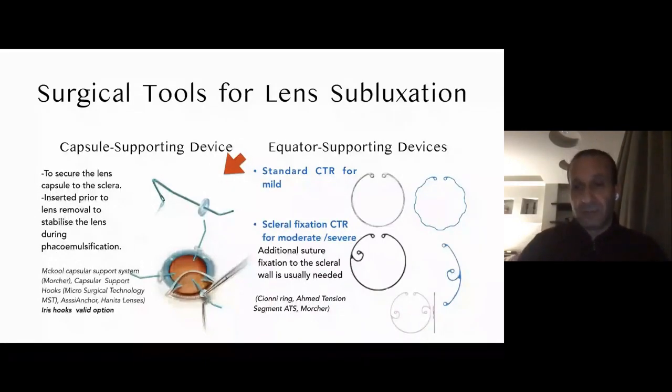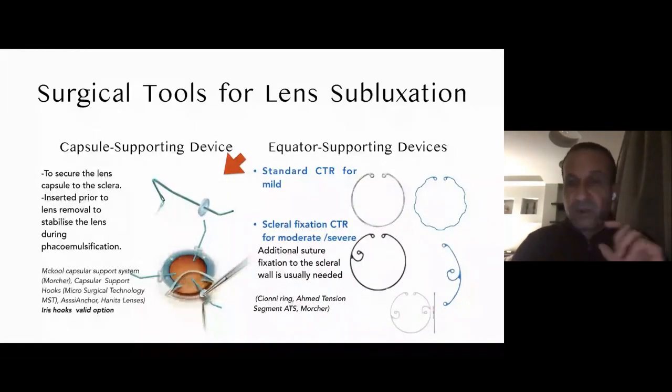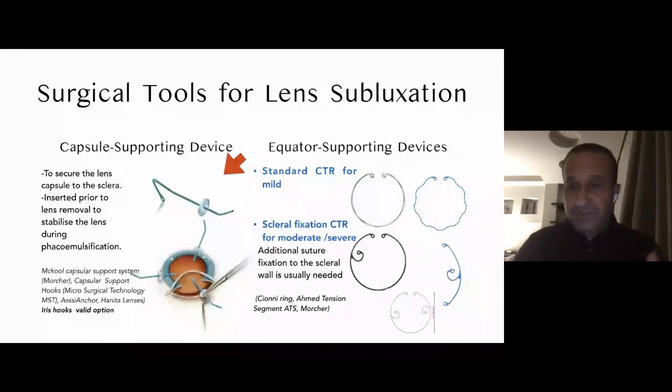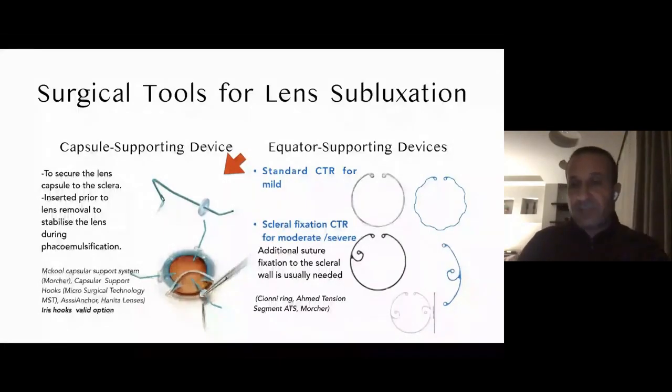Similar to those devices, we have a segment, just a portion of the capsule tension ring. It's called a capsule tension segment and has the same function. It's an equator supporting device, but provides localized support and fixes the capsule to the sclera in a specific area.